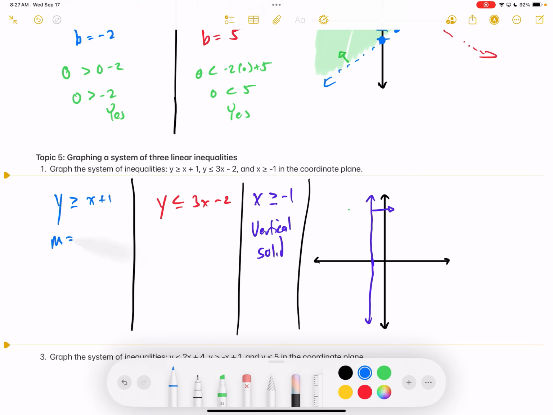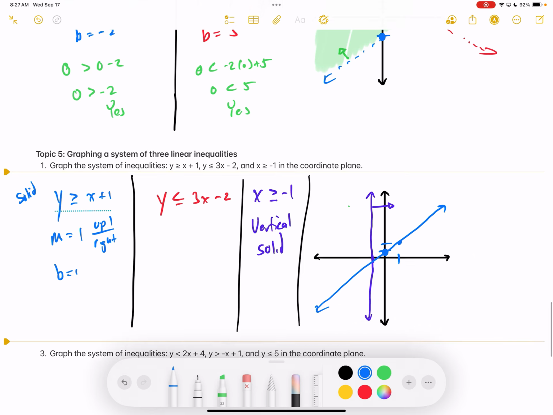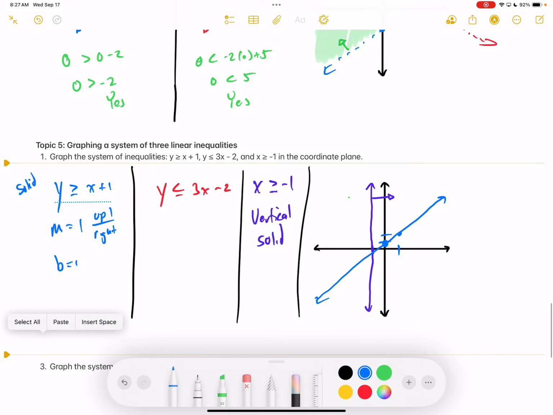My blue one, my slope is 1, so that would be up 1 to the right 1. My y-intercept is 1. So I start at 1, I go up 1 to the right 1. This one is solid because it is greater than or equal to. To shade this one, I can plug in 0, 0, right?